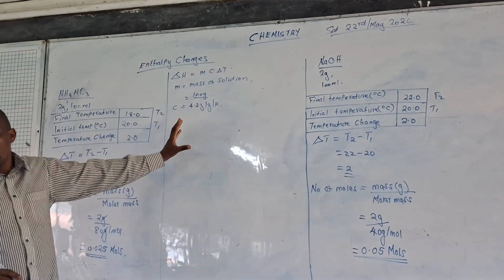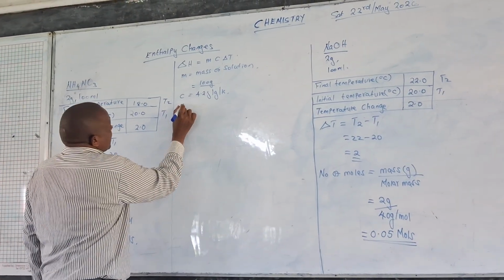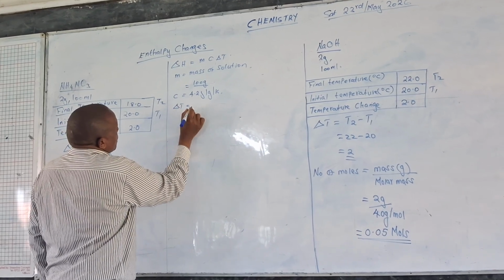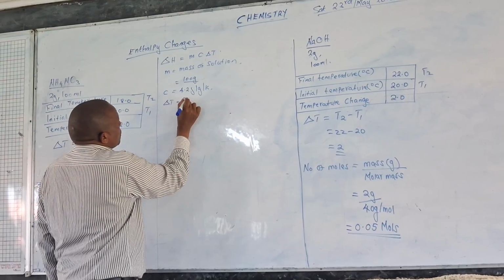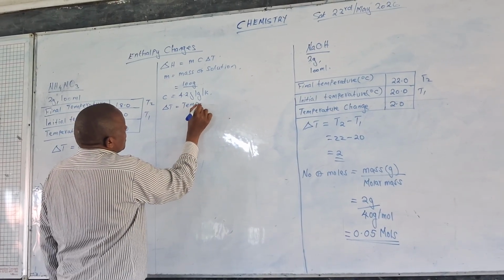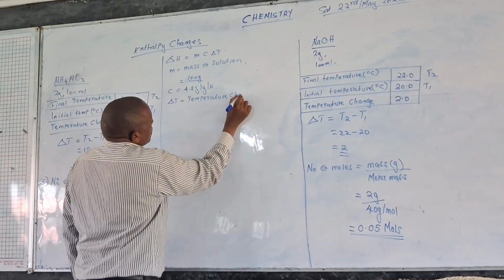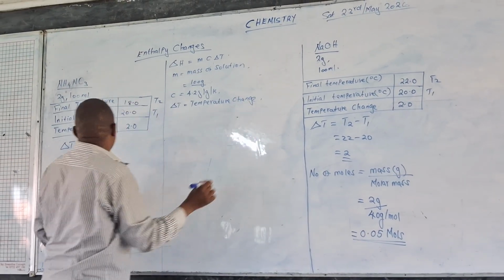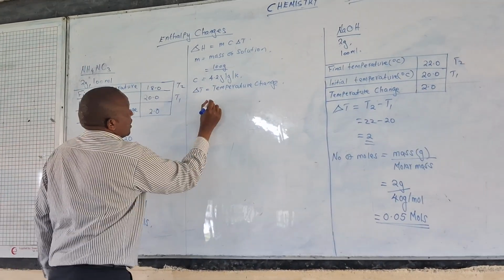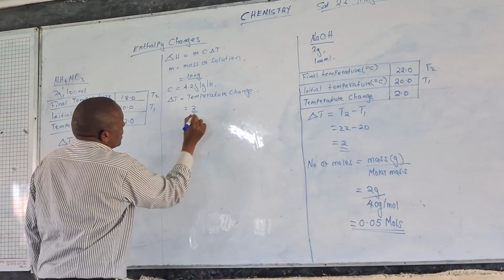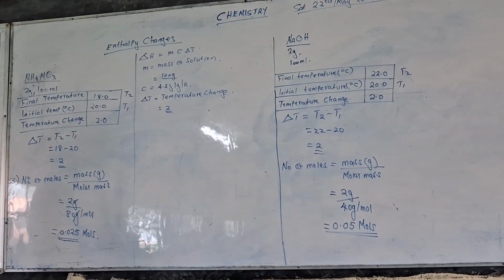That is, if you are given like that. In most cases, you are given. And then delta T refers to temperature change. For our case, what was delta T? 2. So here we have a delta T being 2. With this, we are already ready to work it the way it is.